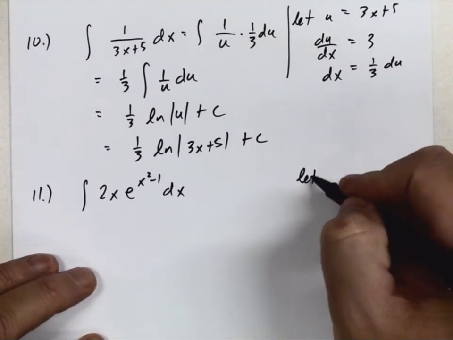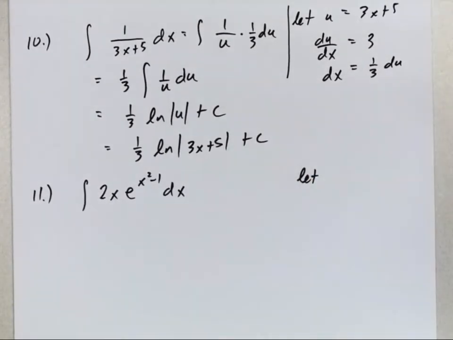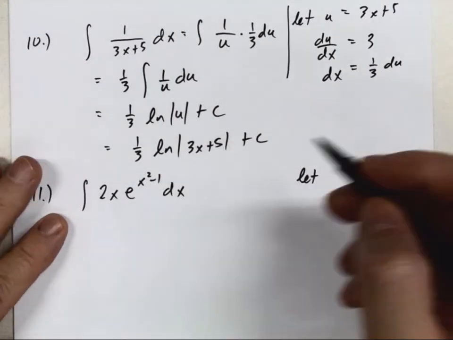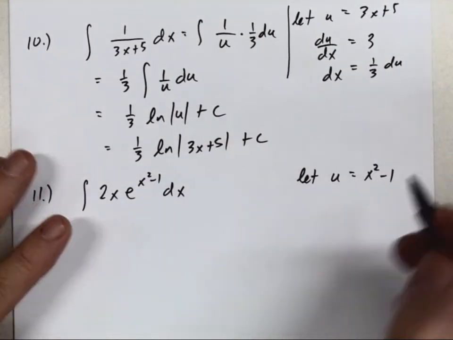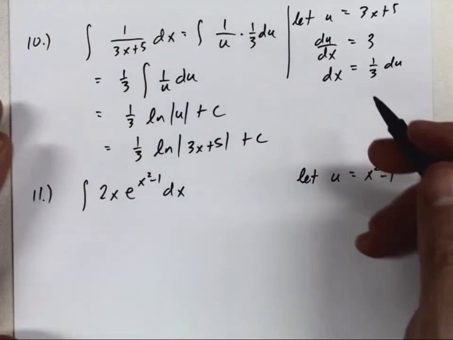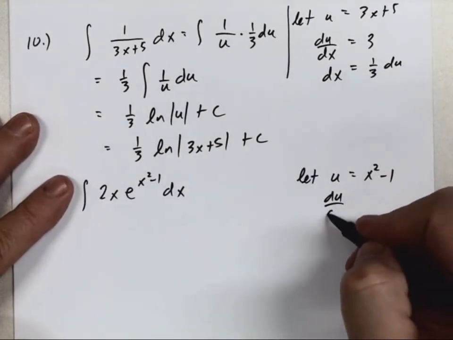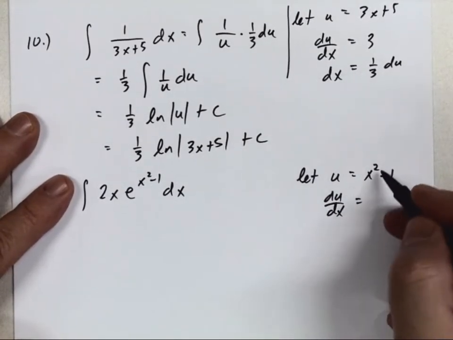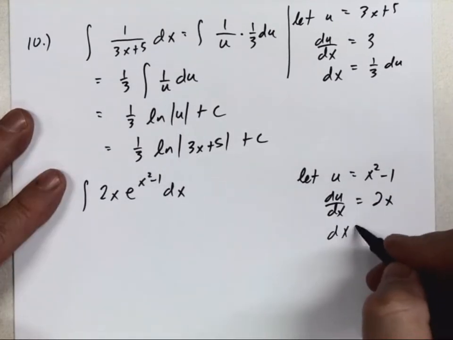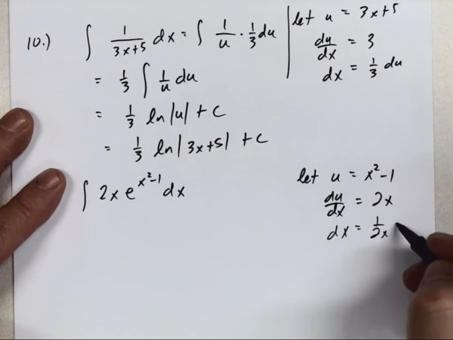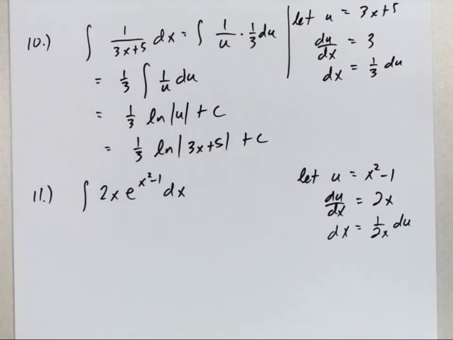I'm just telling you, almost always when you have the exponential function, the exponent is what you need to set u equal to. Then du/dx is 2x, solve for dx, 1 over 2x du.